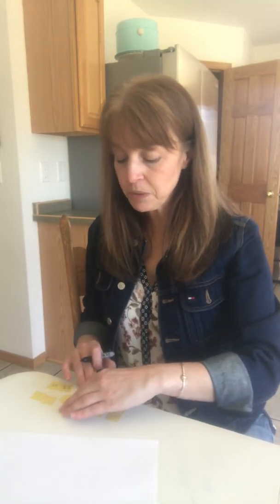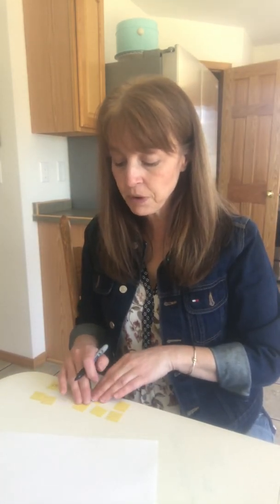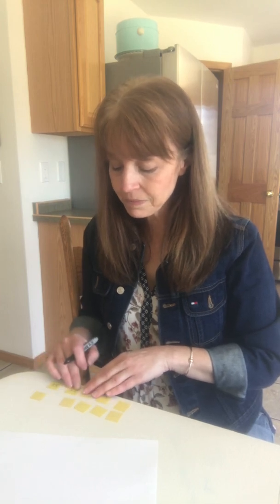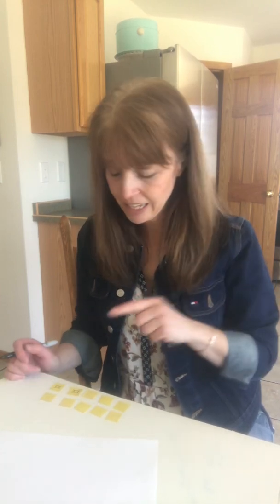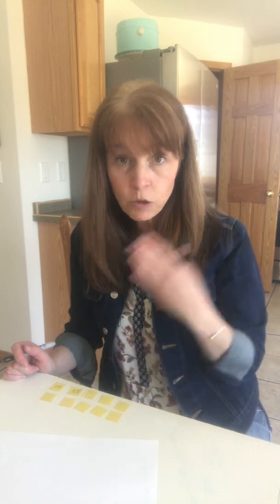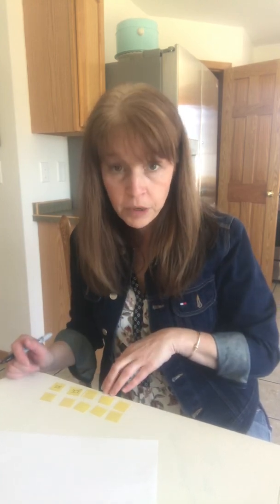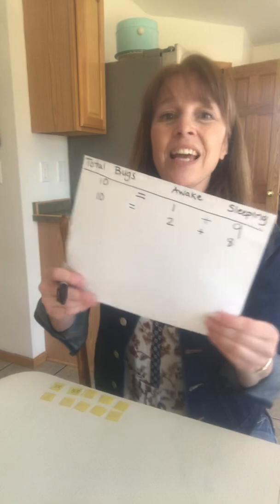So boys and girls will need to solve that problem by counting these, or just being able to see I've got a row of 3 and a row of 5 left, and that makes 8.